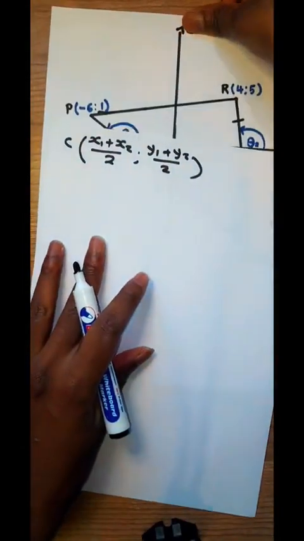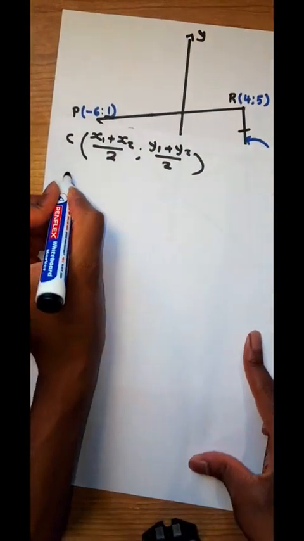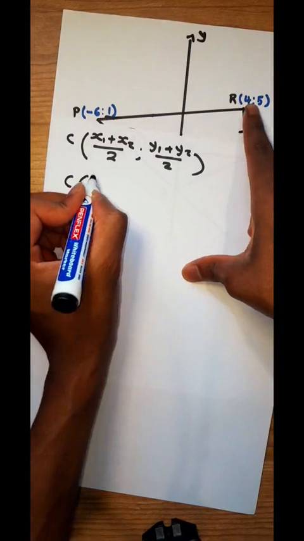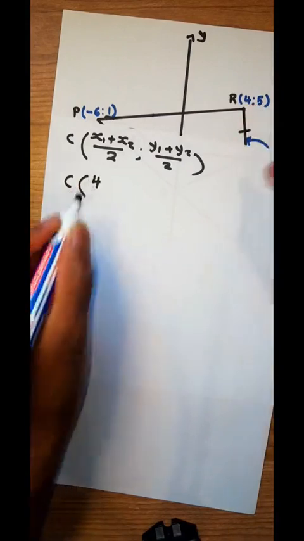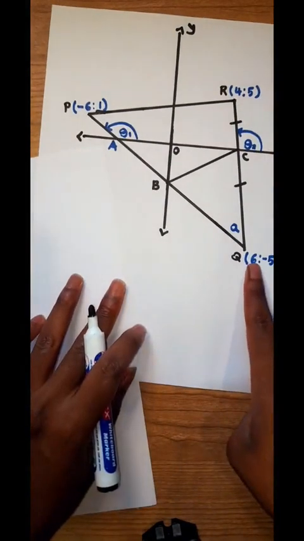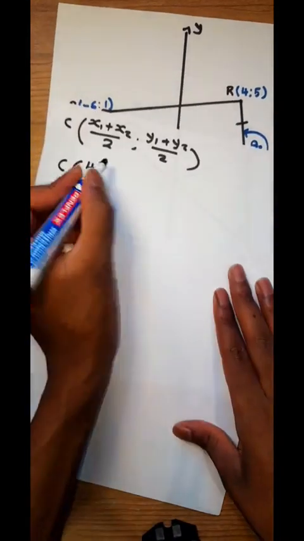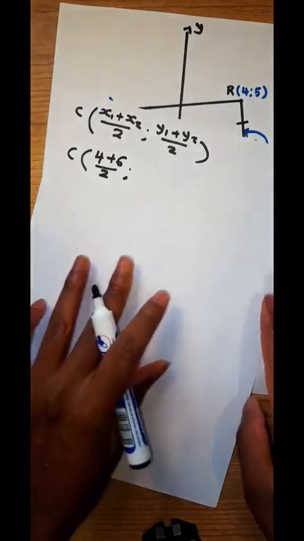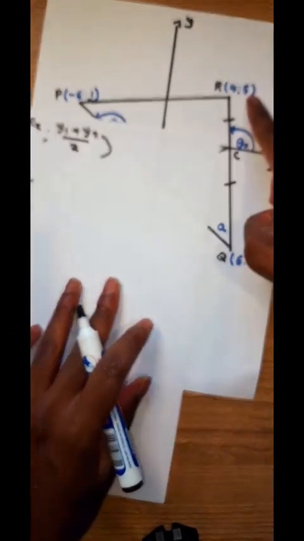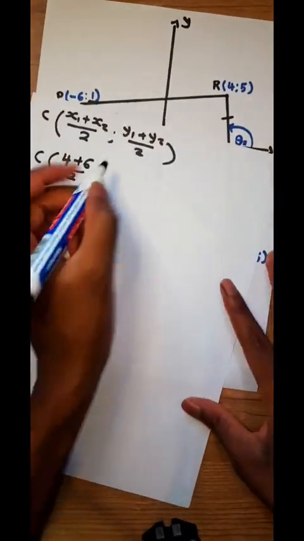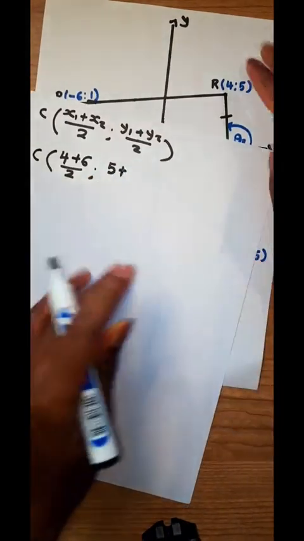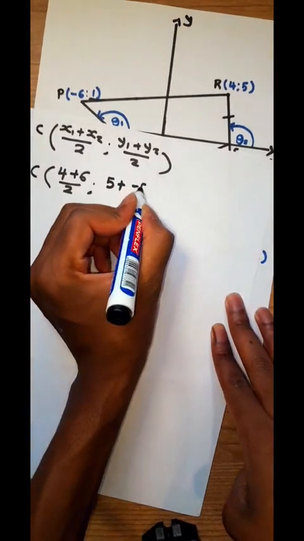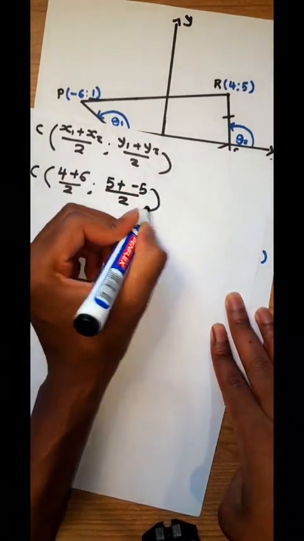Now, let's decide which one is which. I'm going to say x1 is 4 and x2 is 6. So I'm just going to add this with 6 and divide by 2. Now, y1 will be 5, plus minus 5, divided by 2.